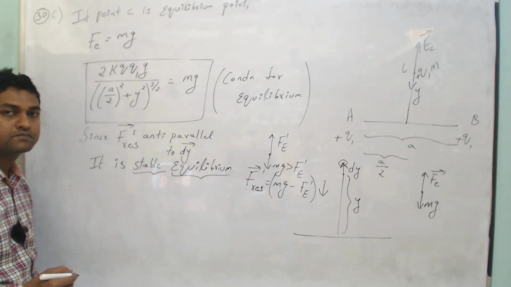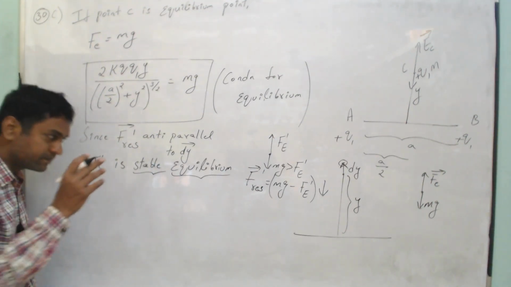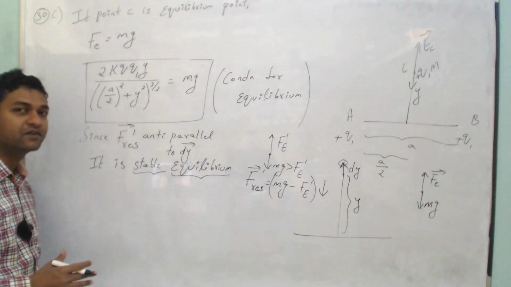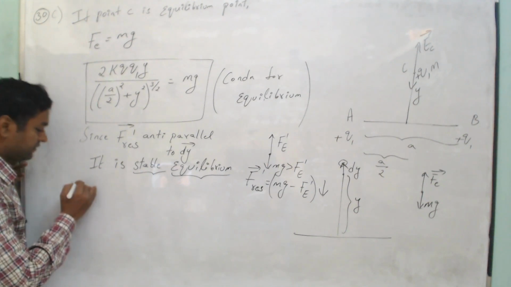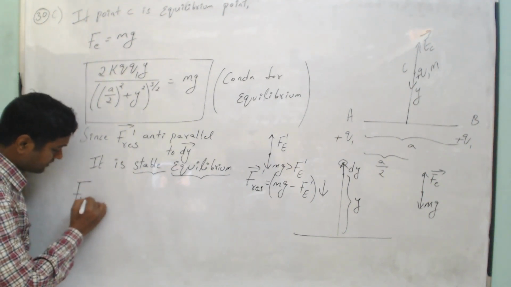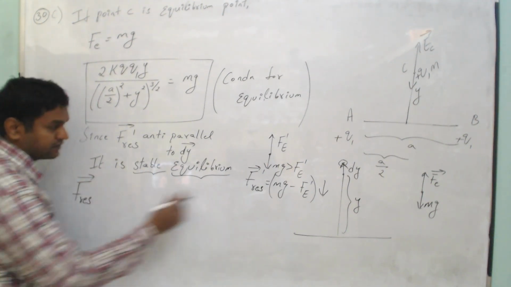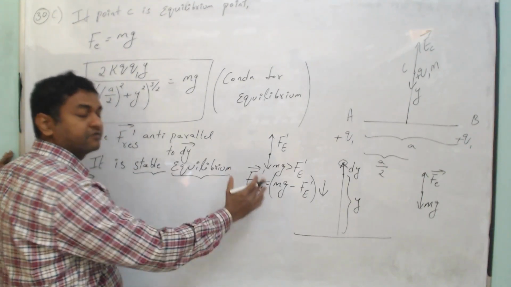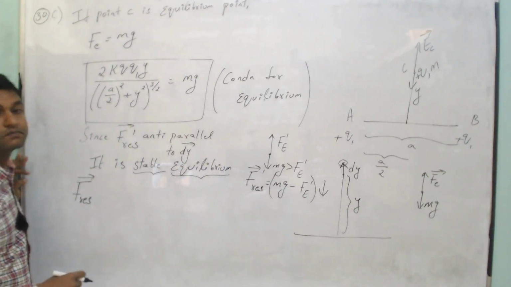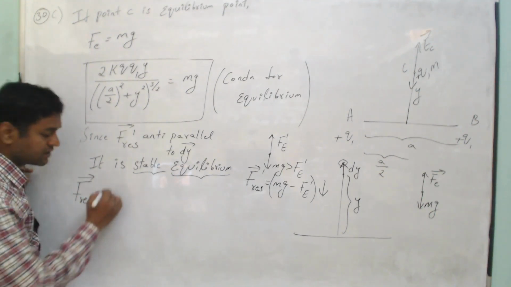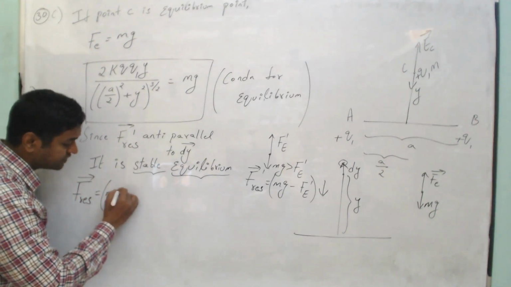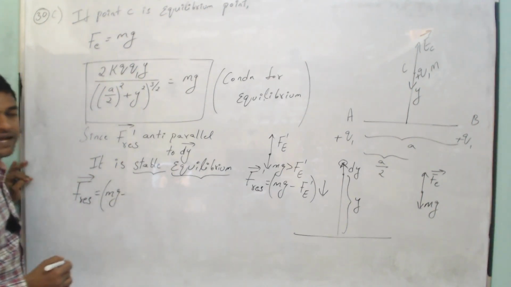Okay, I am telling. So if I study my F dash resultant vector thoroughly, what am I getting? I am getting it as mg minus Fe dash, right?